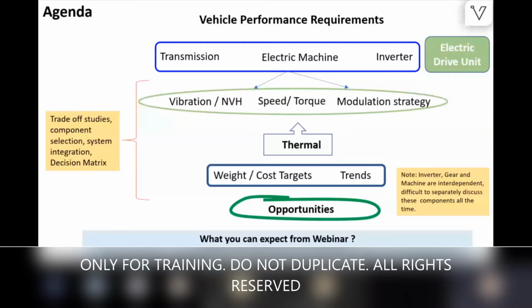So you will see some mixing or dependency when I talk about, say, the inverter; there may be some discussion on the machine, and vice versa. We will try to keep a component focus, but also break those silos whenever required.